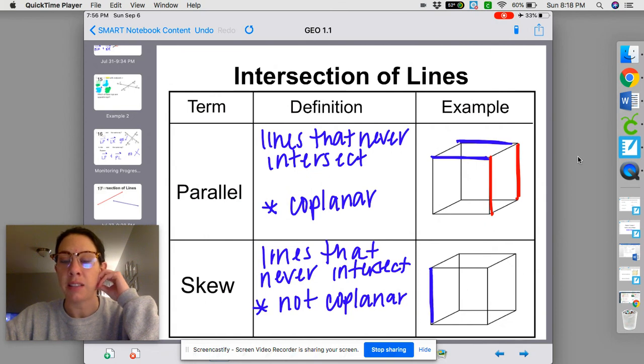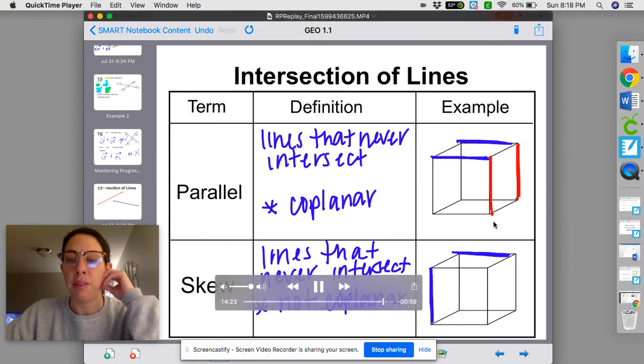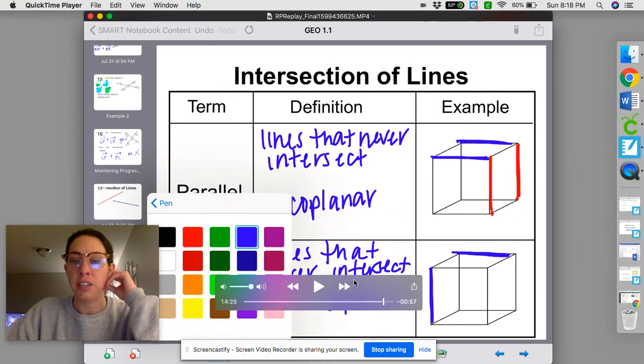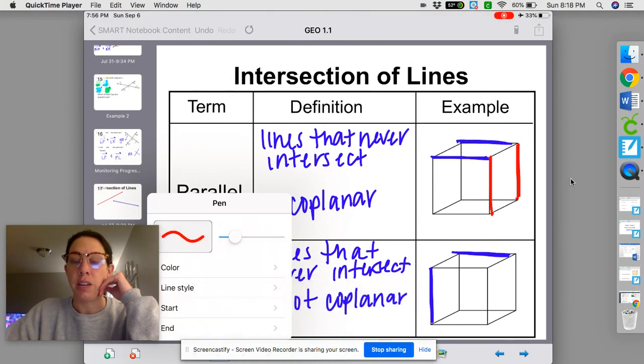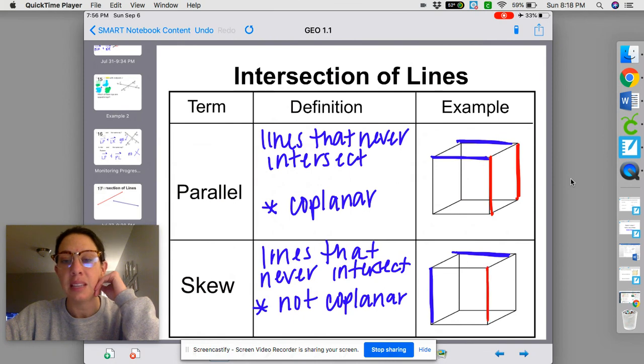So we could have that side there, and then see how they are never going to intersect each other. This one's going off infinitely in this direction. This one's going vertically. But they're not parallel because they're not on the same plane. So that's where we get our definition of skew lines. And then there's another set I'll show you too. And there's other ones on the cube too. Those are just the only 2 that I actually illustrated.